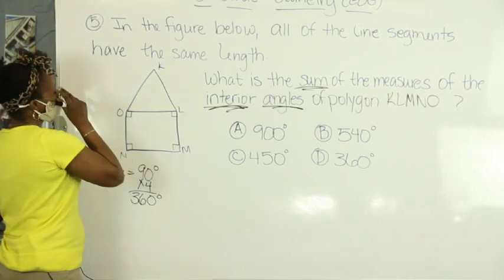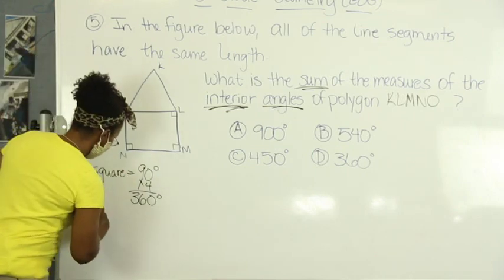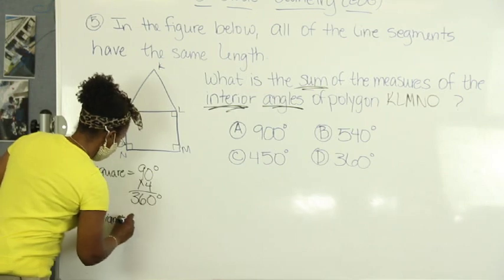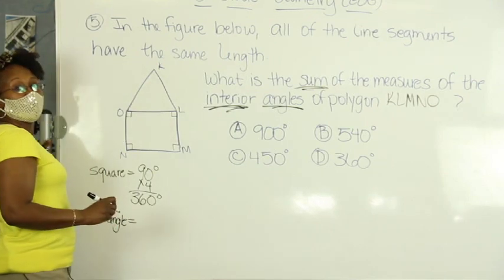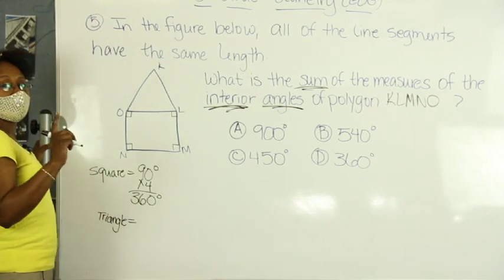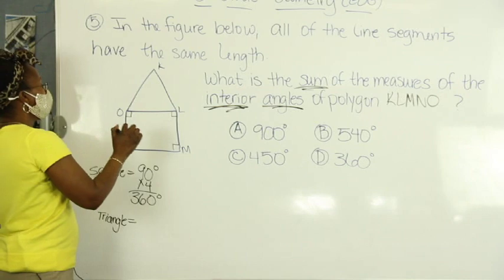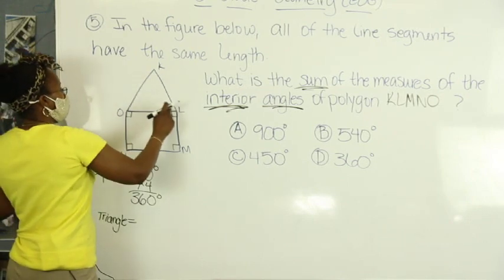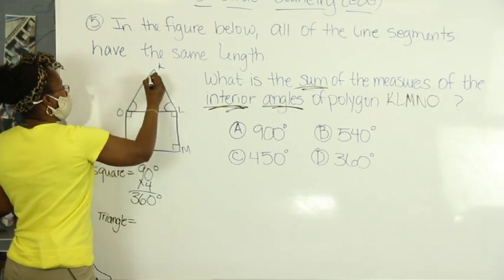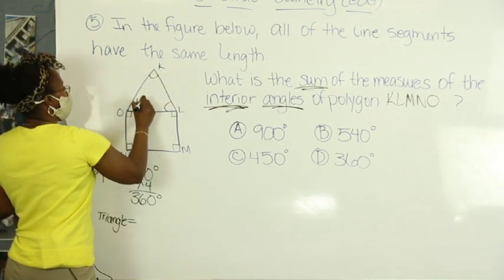And now we have to do the triangle. The triangle has equal sides, which is an equilateral triangle. So here's the thing about an equilateral triangle. When all the sides are the same, the angles are all going to be 60 degrees.